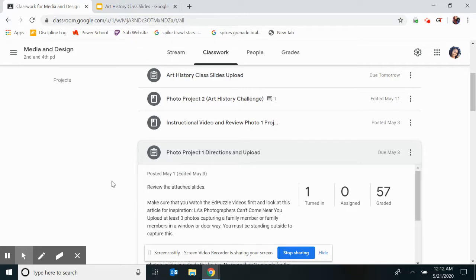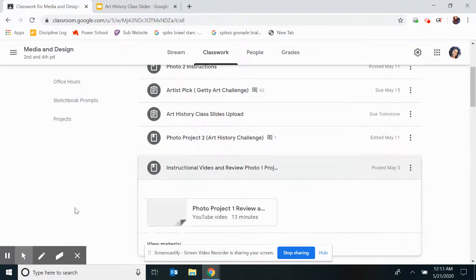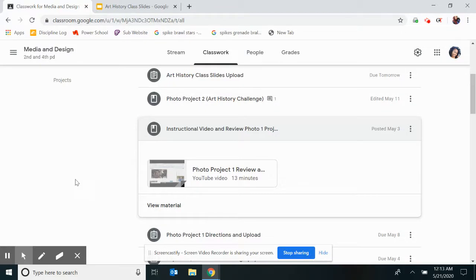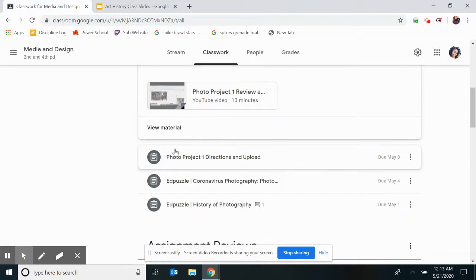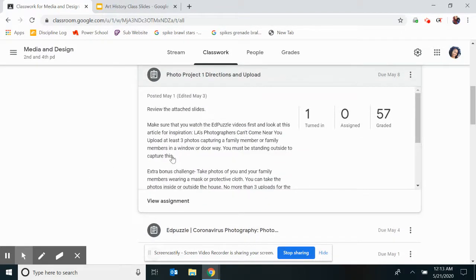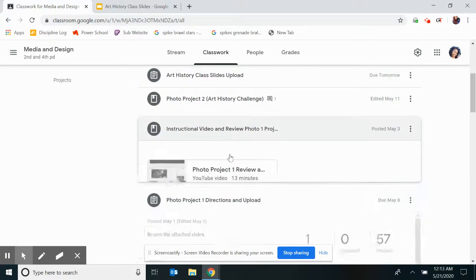It used to send a notification when someone turned in an assignment, but I don't know if they deactivated that feature now that the whole country seems to be using Google Classroom or Canvas. I don't know why it's not sending us alerts, but it's not. So if you turn in stuff late, I do not know unless I physically click on it and see that somebody turned something in.